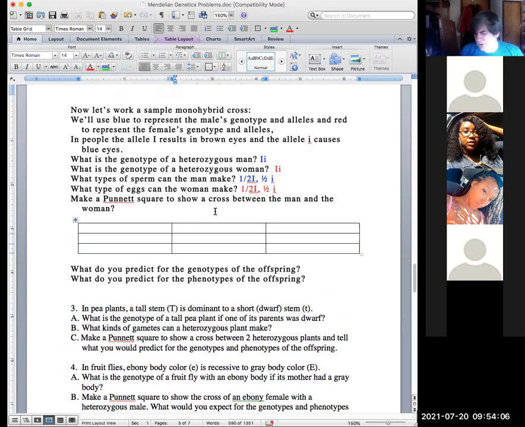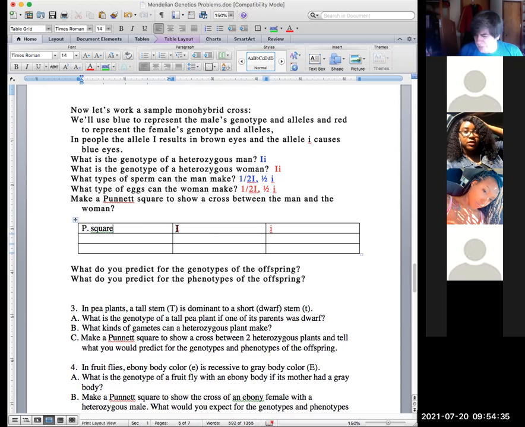So here's how we're going to set up a Punnett square. We're going to put the eggs that the mother can make across the top. I said it's kind of like a spreadsheet. If you've ever worked with a spreadsheet, you know that there's always numbers and letters that tell you which row and which column you're in. So this is our Punnett square.